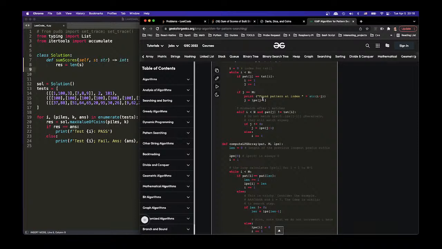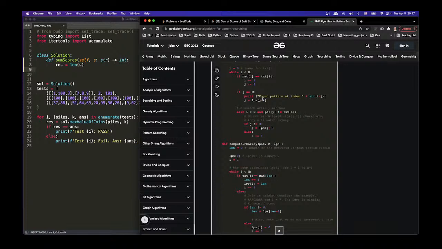What is the longest length? And then we try again. And if it's still no good, like length becomes 0 so we don't have any, then we just set it to 0. And I know what this is. Okay.